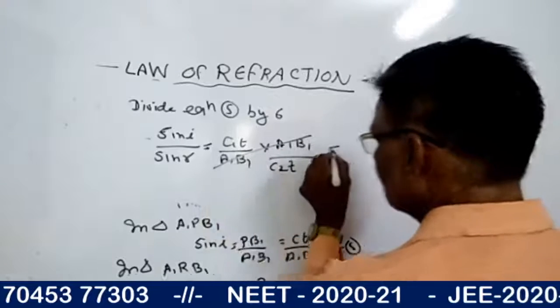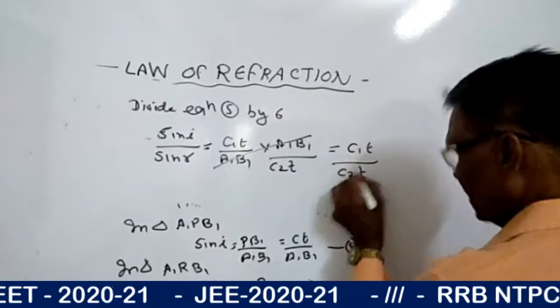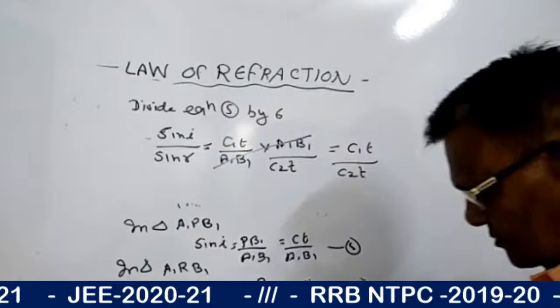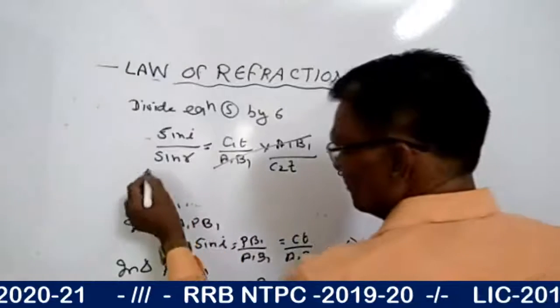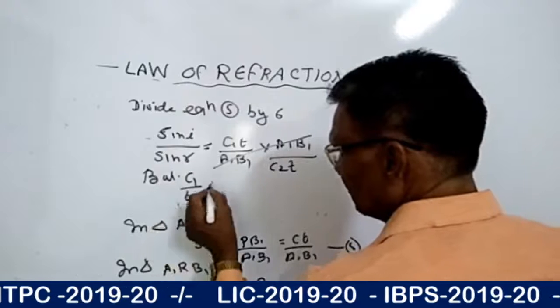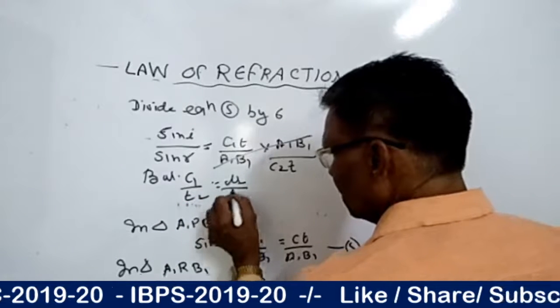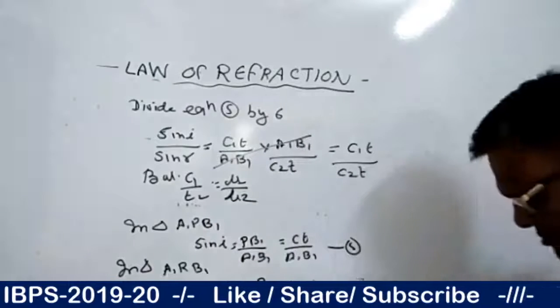So this will cancel, it will come C1t upon C2t. But C1 upon C2 equal to mu1 upon mu2, that is refractive index.